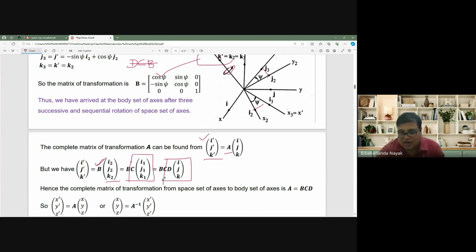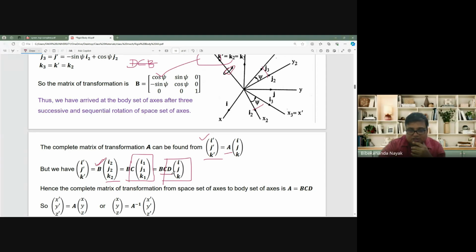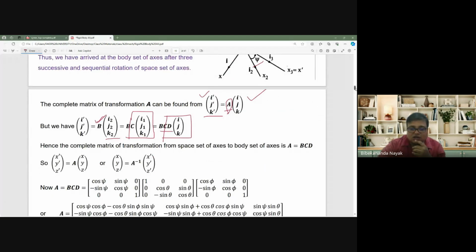So basically we can say i prime, j prime, k prime is a transform by A of i, j, k. Comparing this, we can say A is equal to B times C times D, the product of three matrices. The inverse, x, y, z, can be achieved by A inverse.